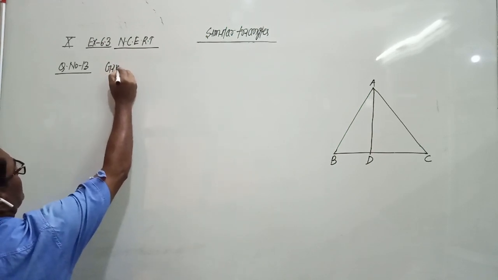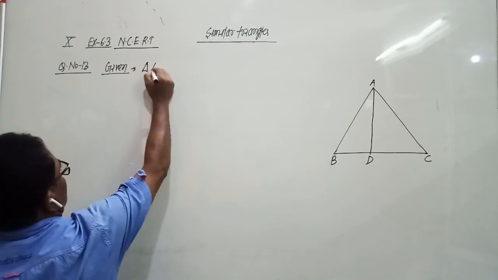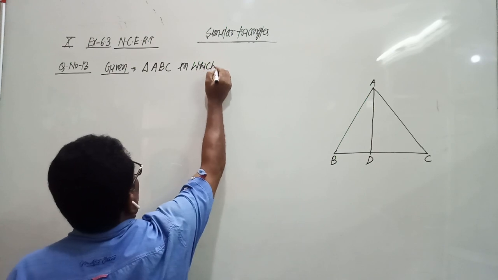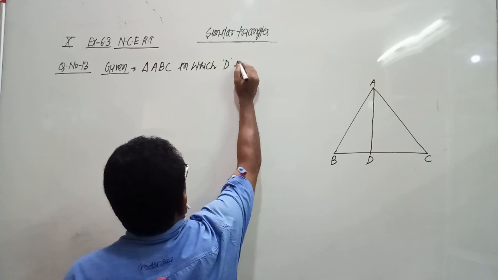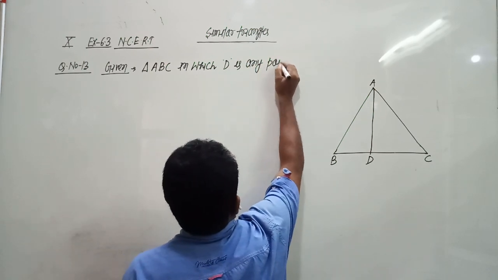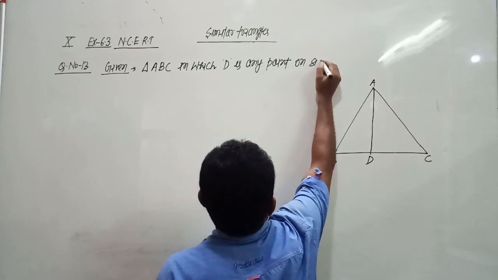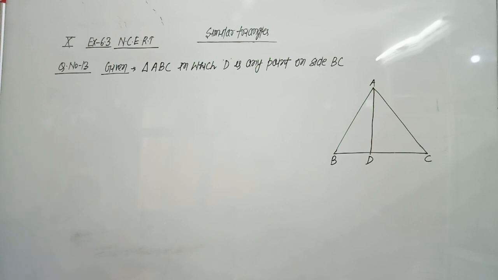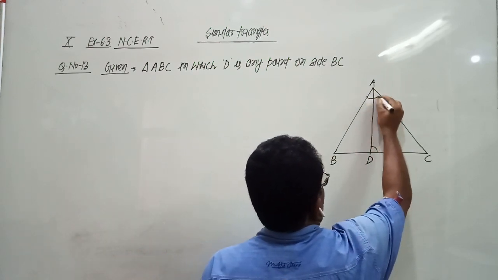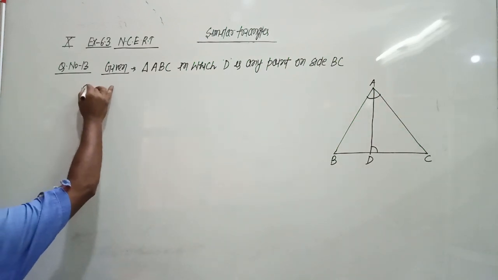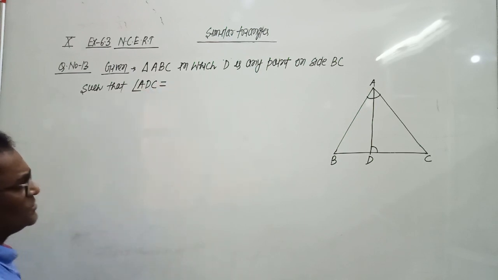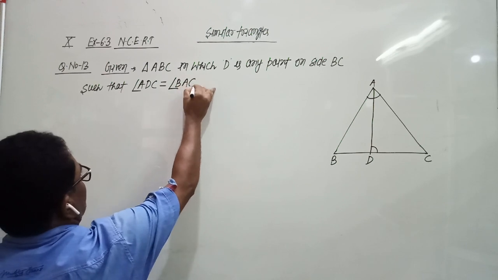So given triangle ABC in which D is any point on side BC such that angle ADC is equal to angle BAC.